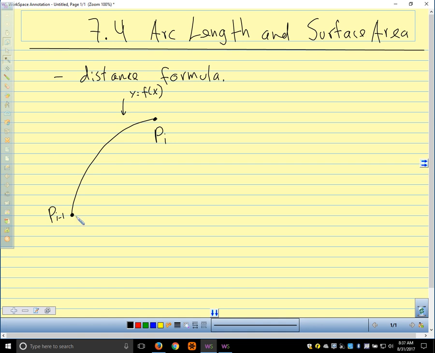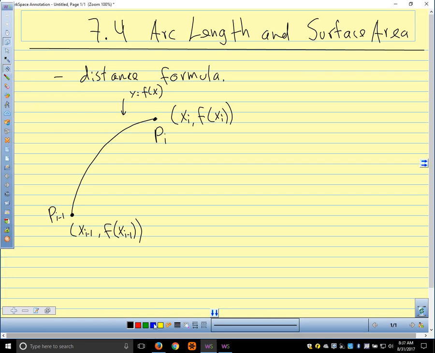The coordinates of this point are x sub i minus 1 and f of x sub i minus 1. So that's my x and my y. And this point would be x sub i, f of x sub i. And what we're going to do is approximate the arc length, the length along the curve, by the length of this secant segment.